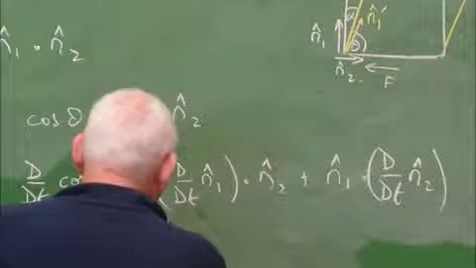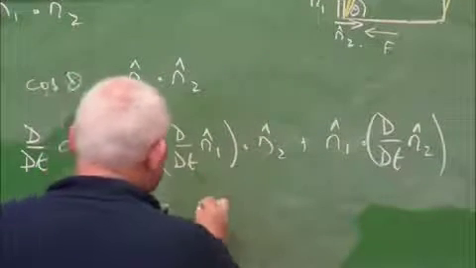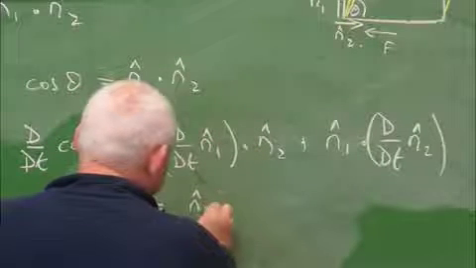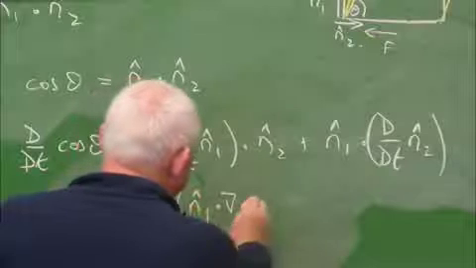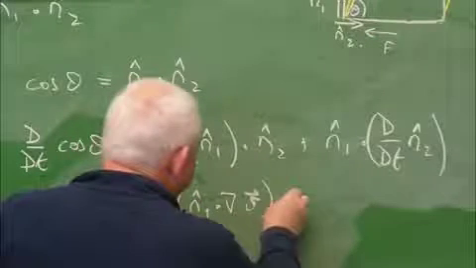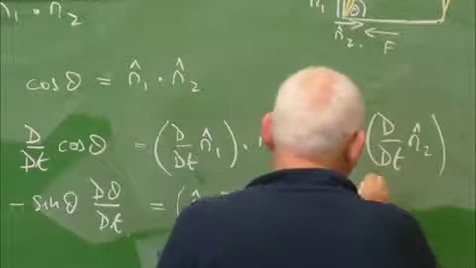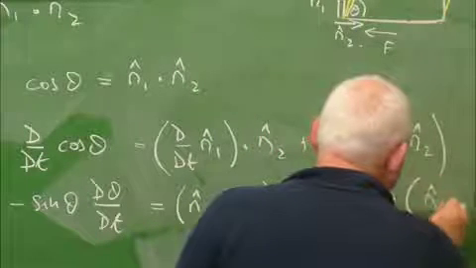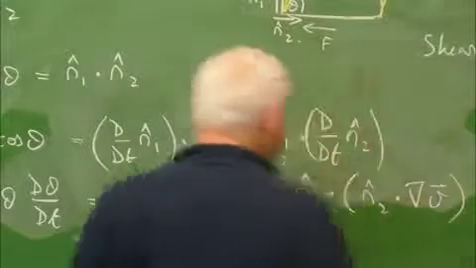And now I use my formulae that determine the rate of change of the unit vectors, or of any vector, and that is that this is n hat 1 dotted with lambda acting on v, dotted with n2, plus n hat 1 dotted with n hat 2, dotted with lambda acting on v.